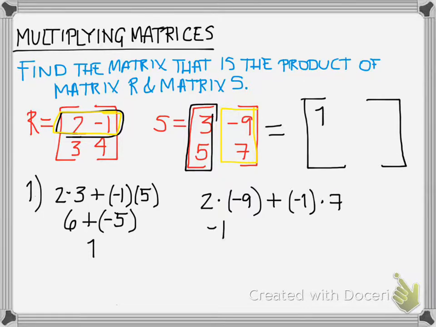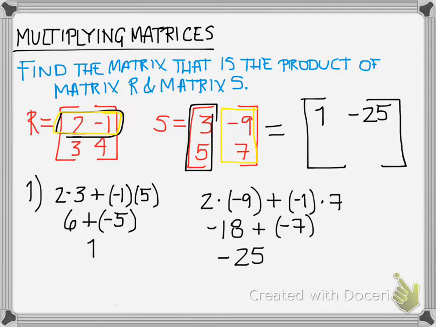So that's -18 plus -7. So -18 minus 7 gives me -25. So we'll write that in the second spot.